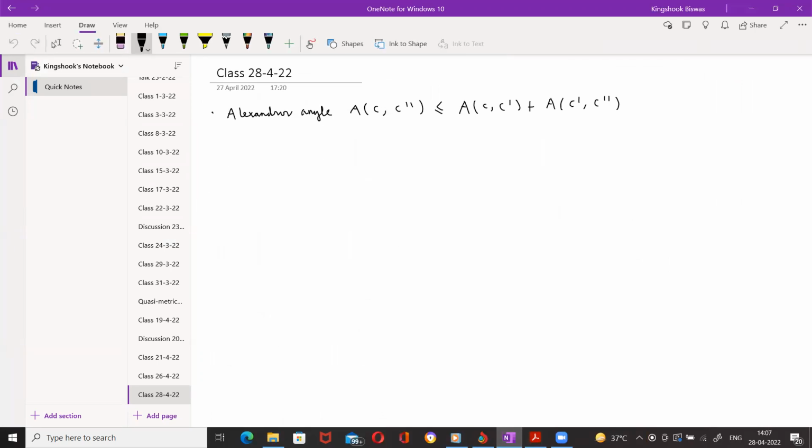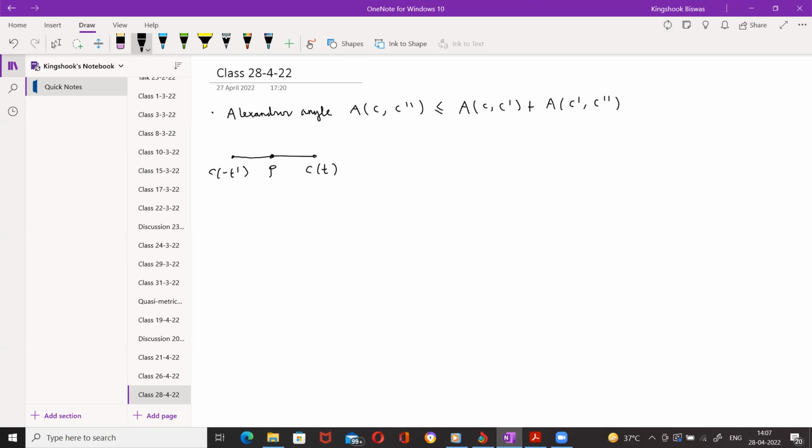Because in R2 the triangle is a degenerate triangle, right? So if I have this is P, this is C(t), and this is C(minus t'), then we have equality in the triangle inequality, right? This distance plus this distance is equal to this distance.